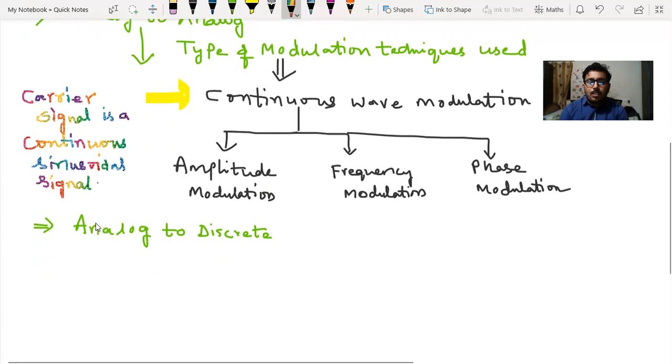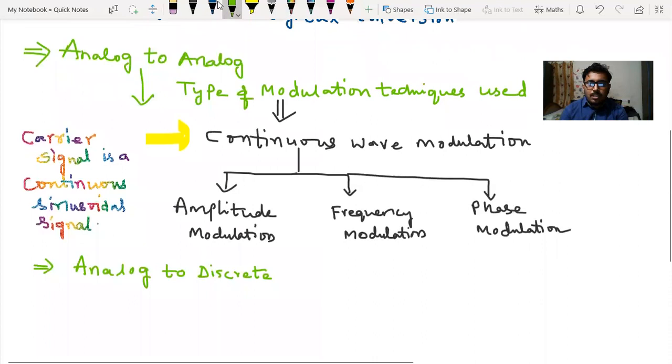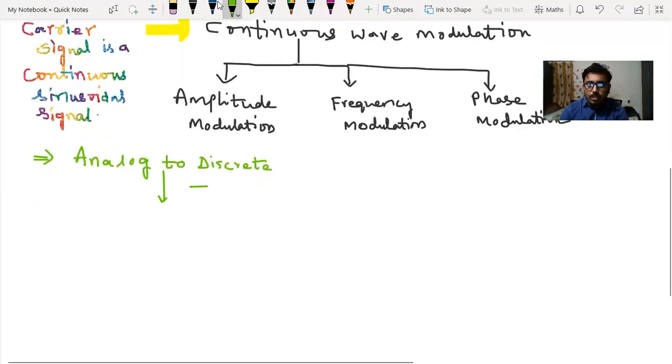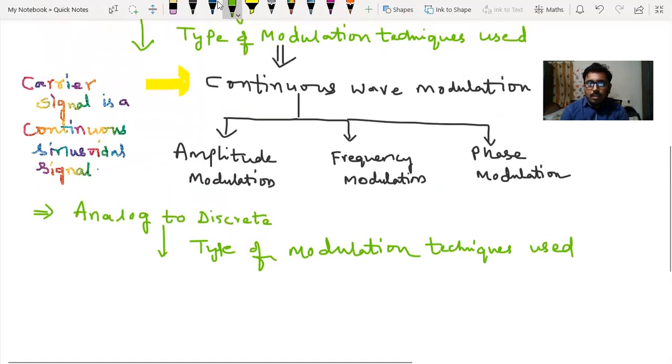Now if we come to the concept of analog to discrete, what type of modulation techniques are used here?